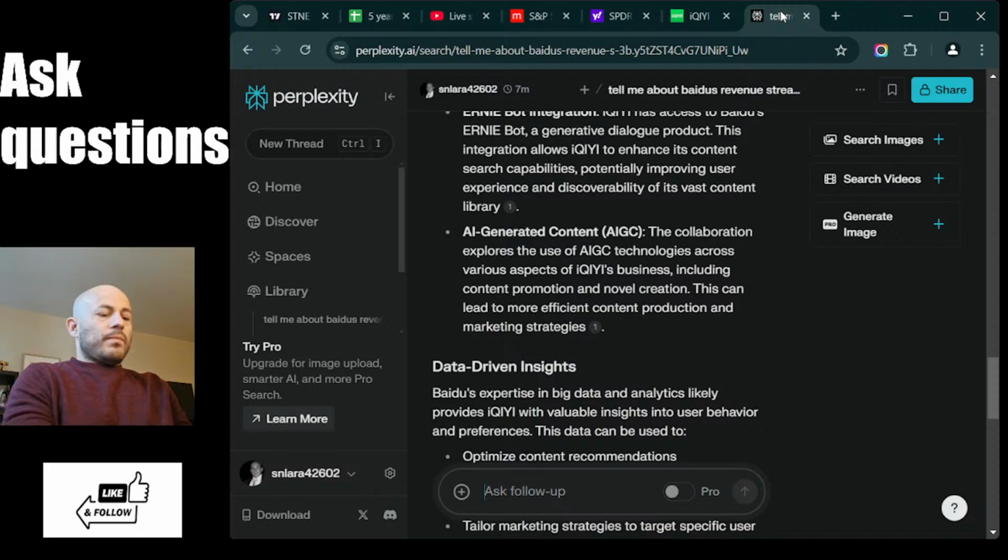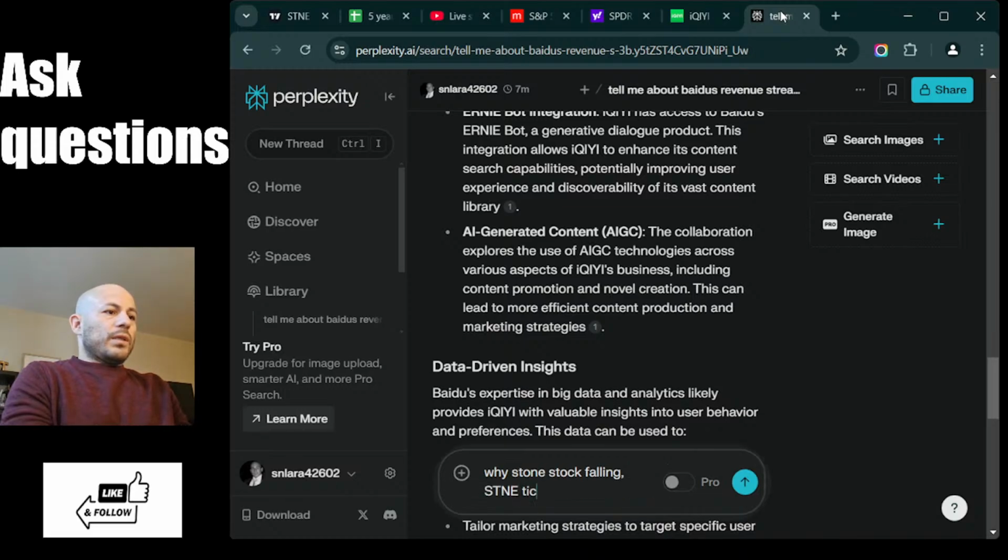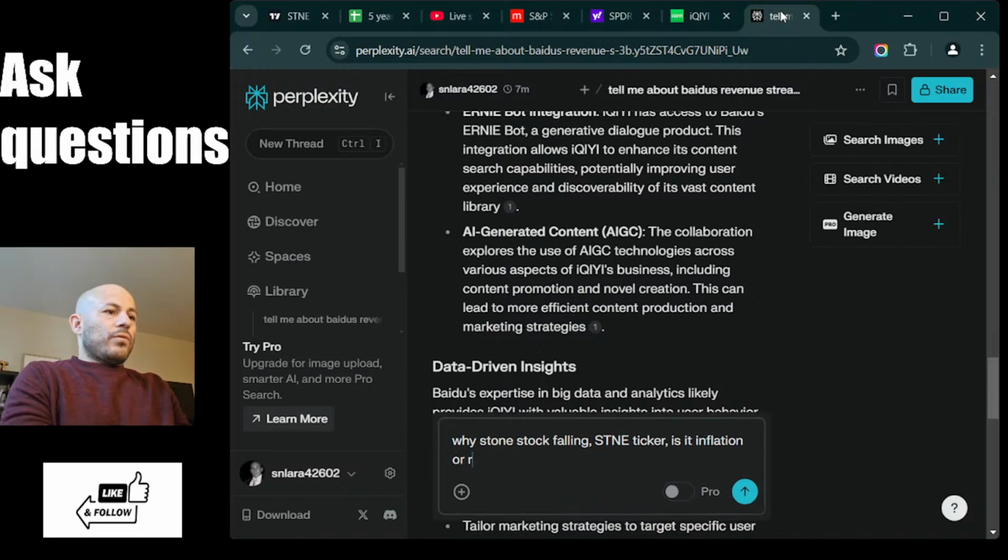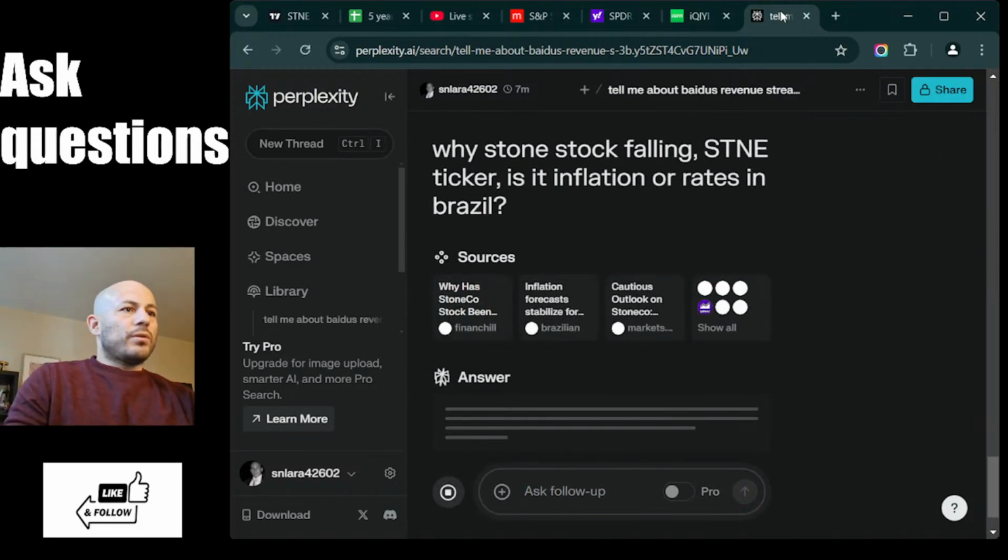Let me look up, why is Stone stock falling? Stone ticker. Is it inflation or rates in Brazil? It's just easier to do it this way.